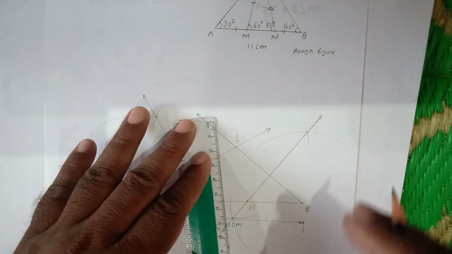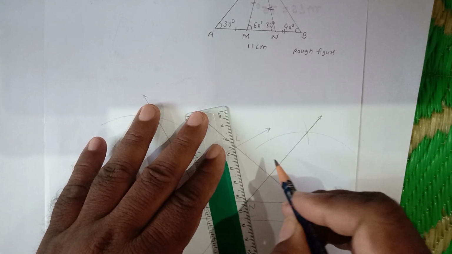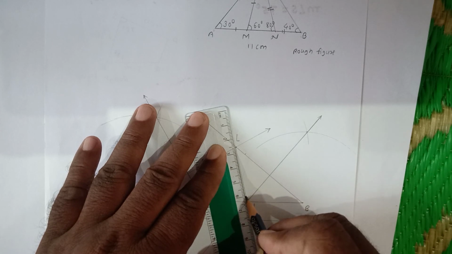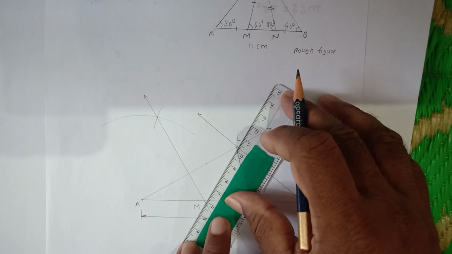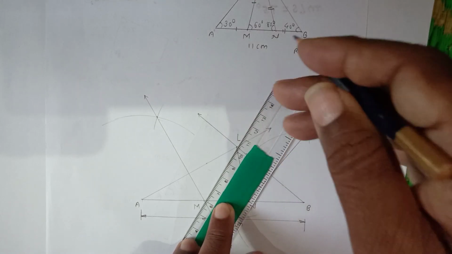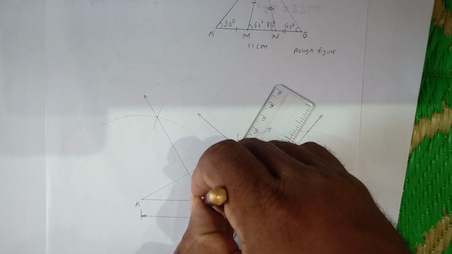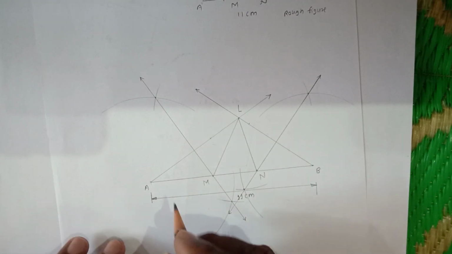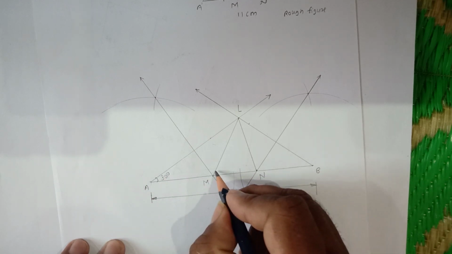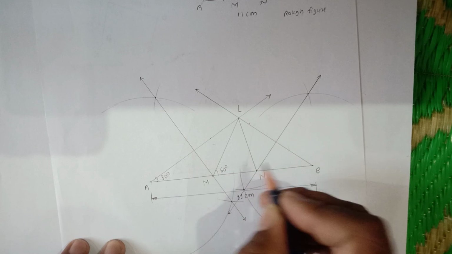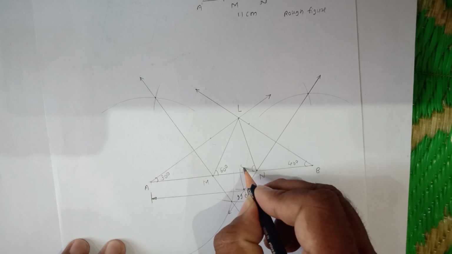Now join LN and LM in this way. Now this angle is 30 degree, this angle is 60 degree, this angle is 40 degree, and this angle is 80 degree.